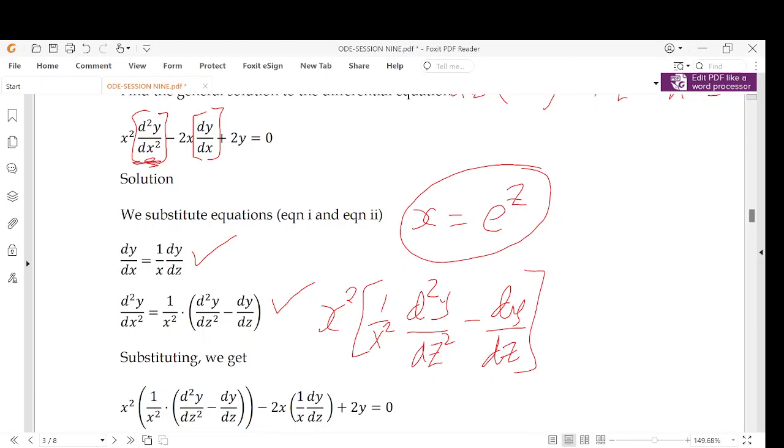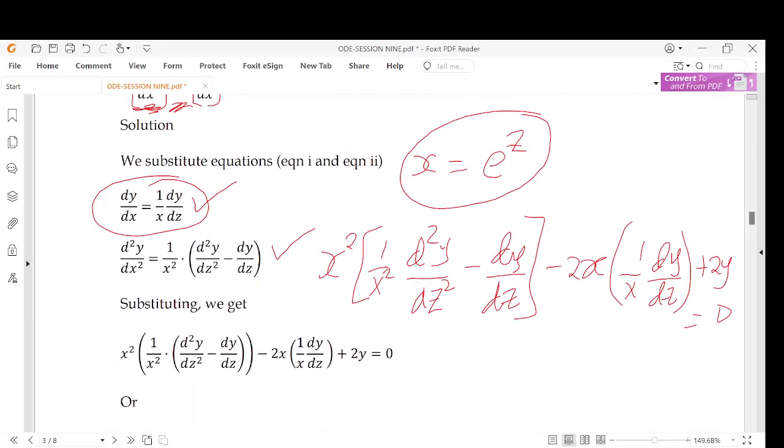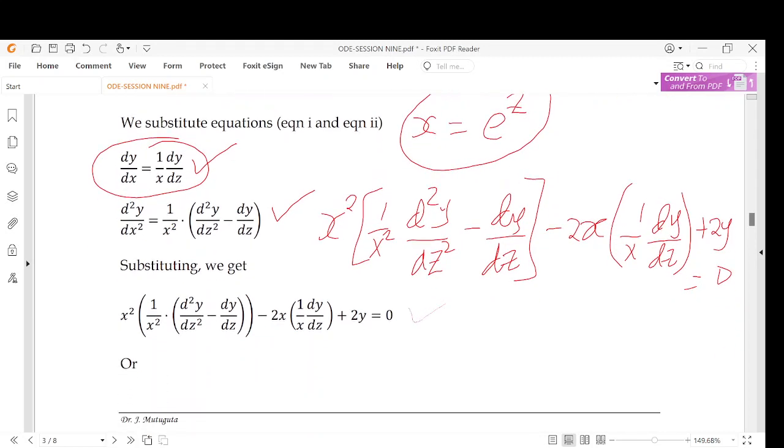That will be our first term. The second term, we have minus 2x, then dy dz, where we substitute this expression, which is 1 over x dy by dz. The third term is just 2y. There we are not substituting anything. Then it's equal to 0. So this is the expression we have.